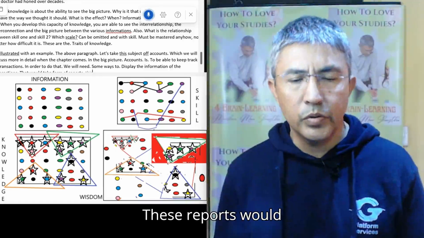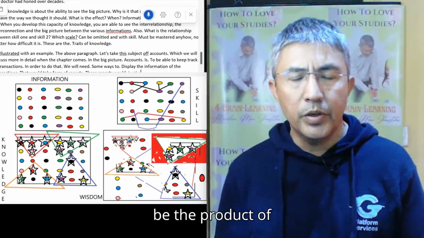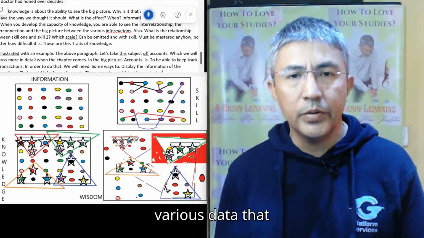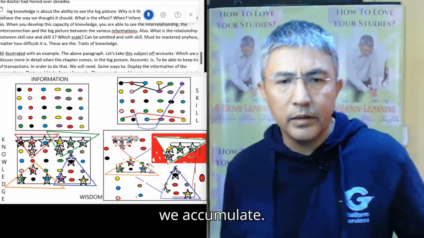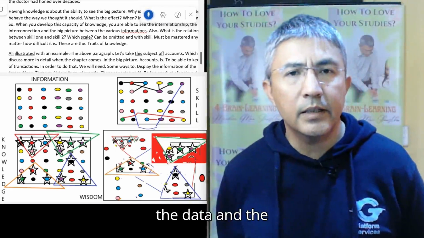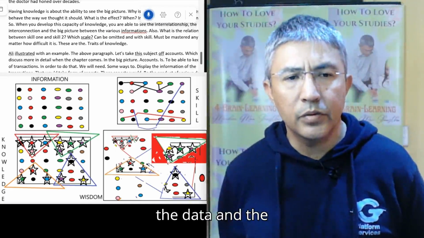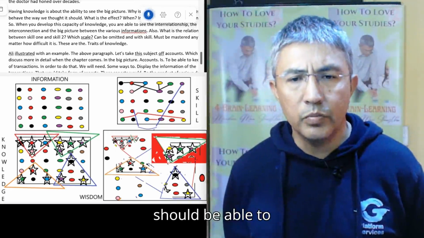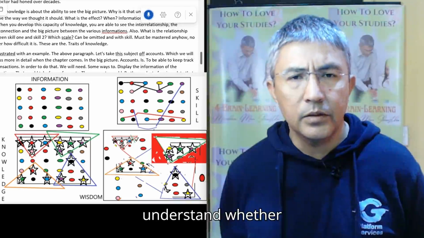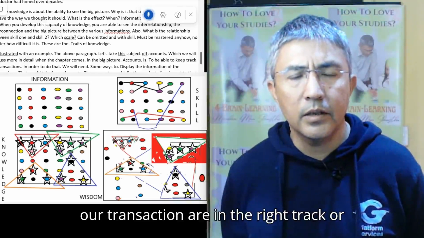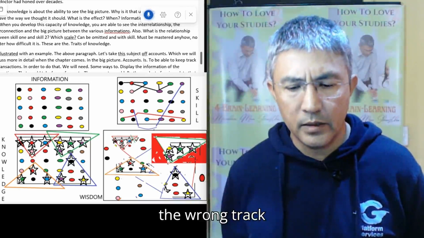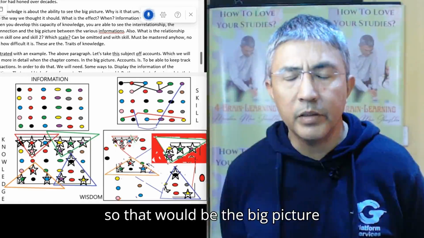These reports would be the product of various data that we accumulate. By understanding the data and the reports that they give, we should be able to understand whether our transactions are on the right track or the wrong track. So that would be the big picture.